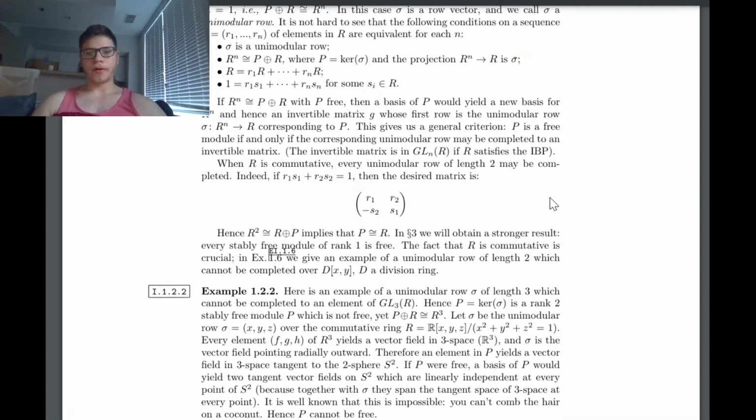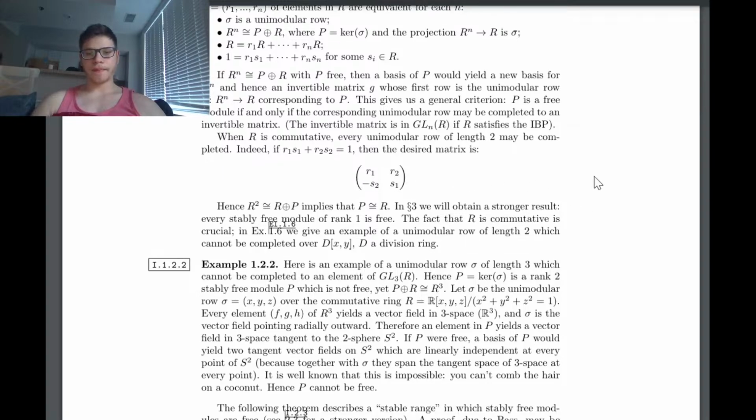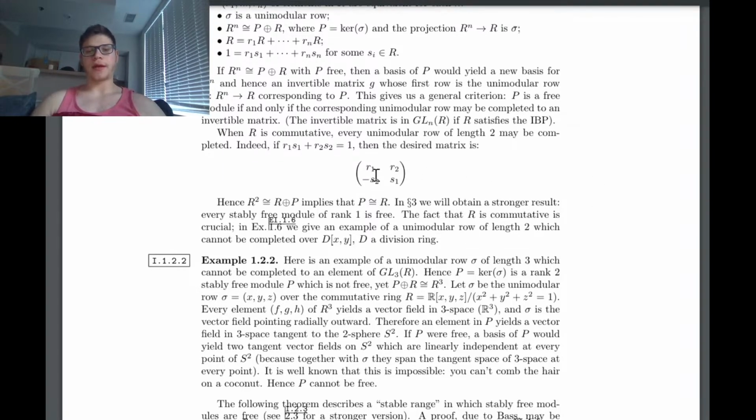I'm not sure. When R is commutative, every unimodular row of length 2 may be completed. So if you have r1s1 + r2s2 = 1, then the desired matrix has rows r1, r2 and minus s2, s1, because then these are going to be independent.